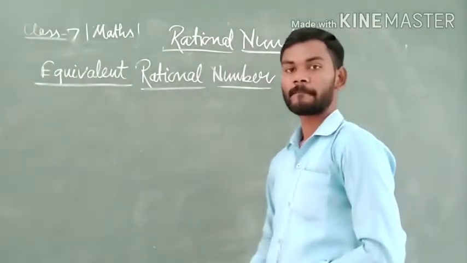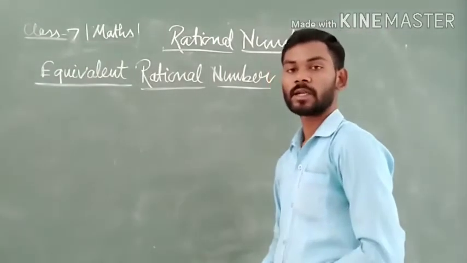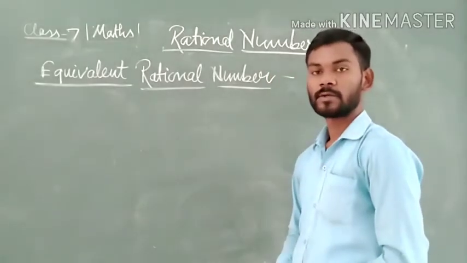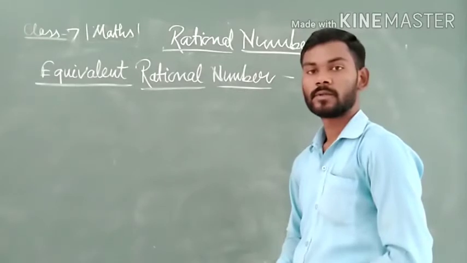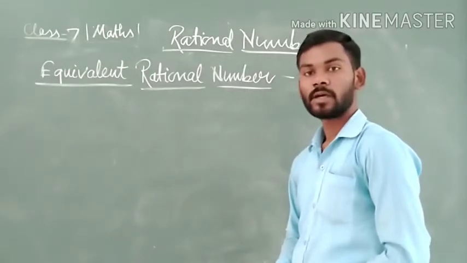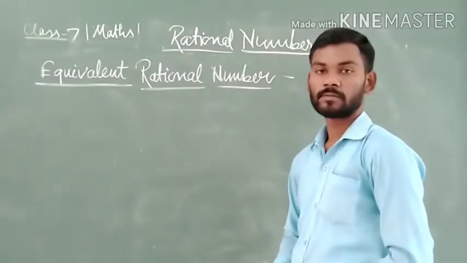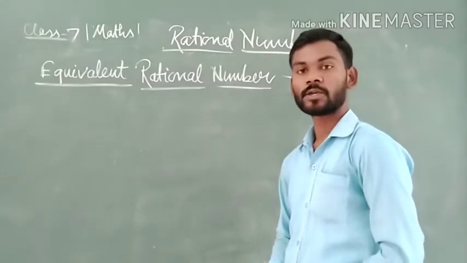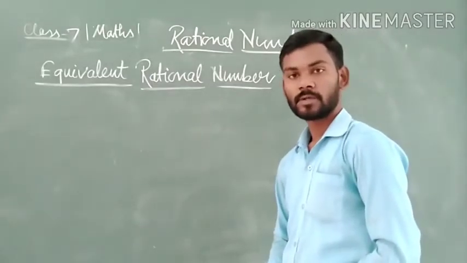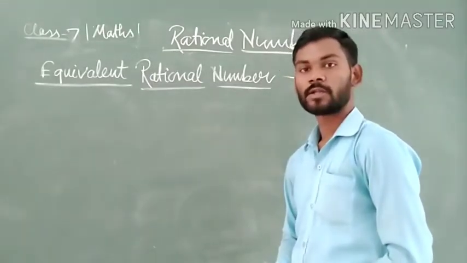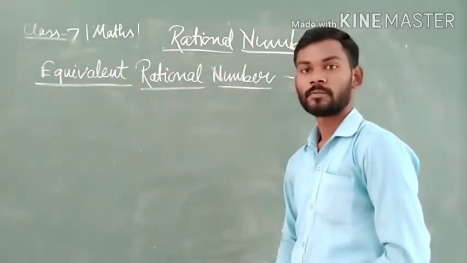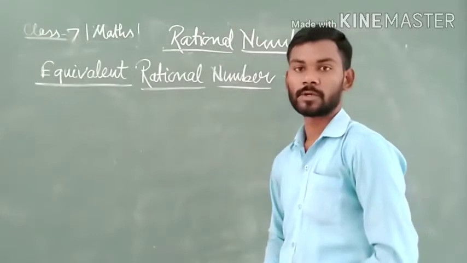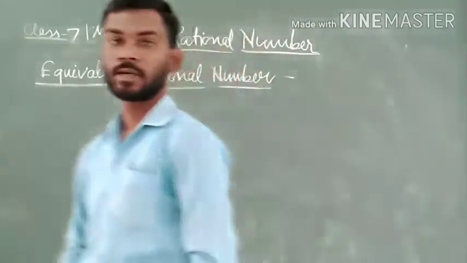Since a rational number can also be written as a fraction, it has a numerator as well as a denominator. So in order to get the equivalent rational number, we shall multiply the numerator and denominator by the same natural number.